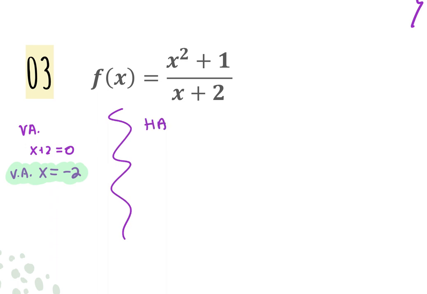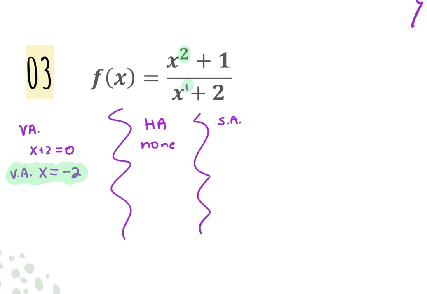What's the highest exponent in my numerator? 2. What's the highest exponent in my denominator? 1. So what's the relationship there? The top is bigger than the bottom, which means there is no horizontal asymptote. And it's one more, which means this time we have a slant. Good.